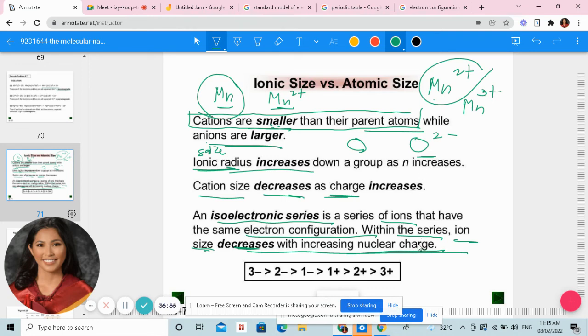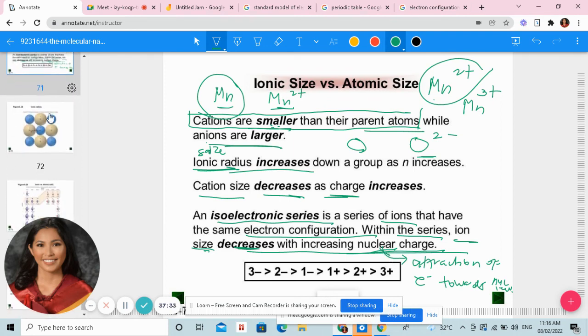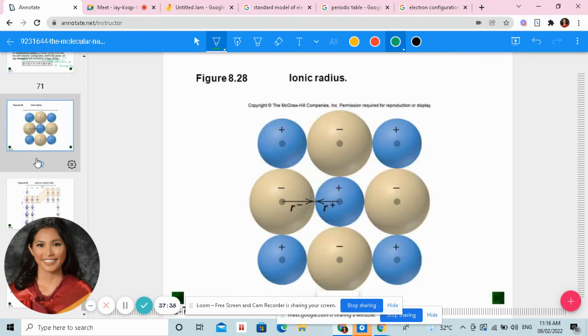Why does ion size decrease with increasing nuclear charge? Because the nucleus pulls the electrons toward itself more strongly, so the ion becomes smaller. Okay, we have that one.